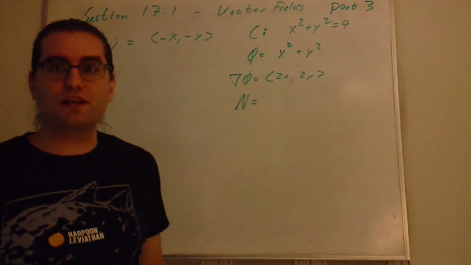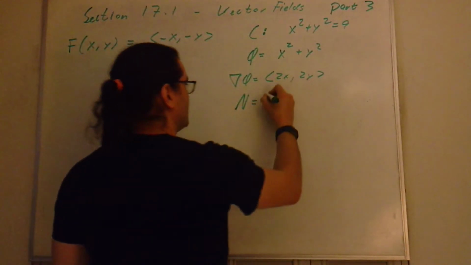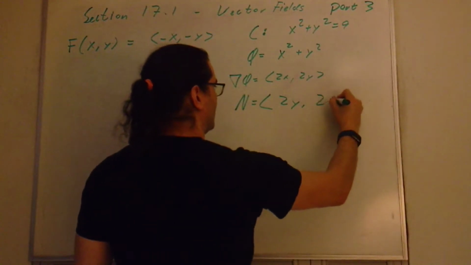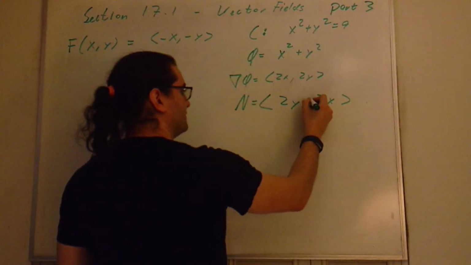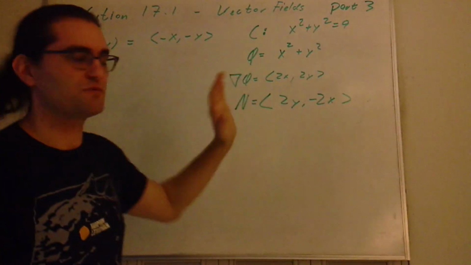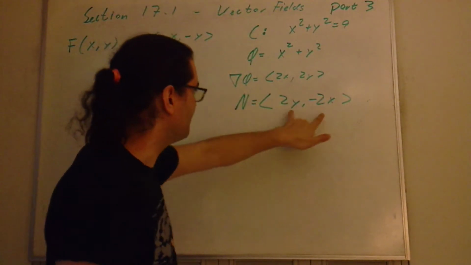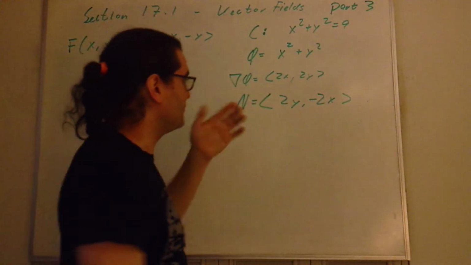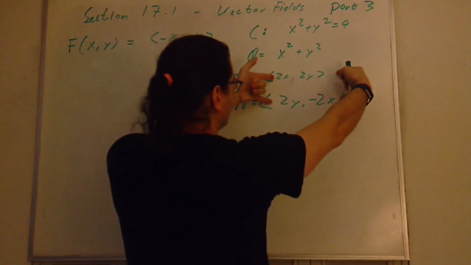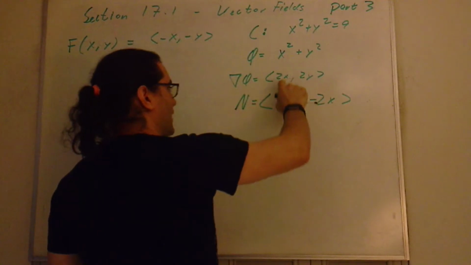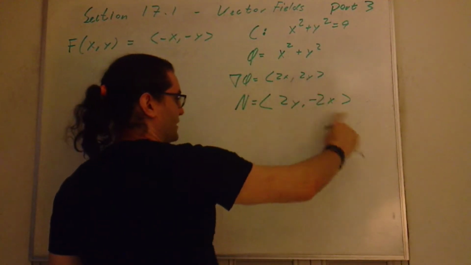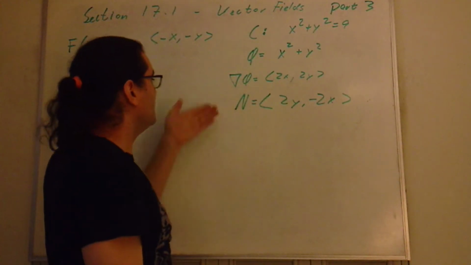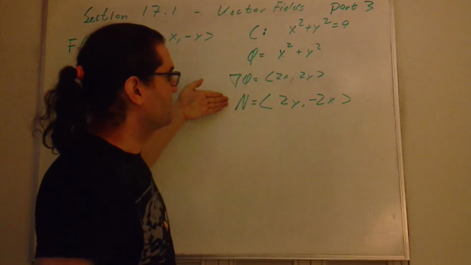And the easy way to create something that's always perpendicular like that is flip the order of them and make one thing negative. Doesn't matter which one. If you take a dot product of these two things, you'll get 4xy minus 4xy. The things will always cancel if they're flipped and one's negative. So this is how I've created my new normal vector n.